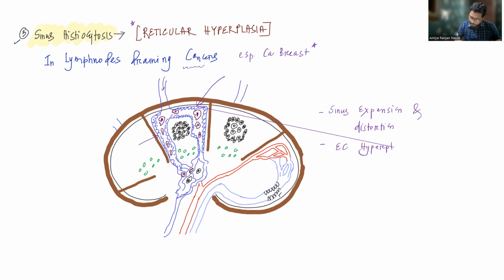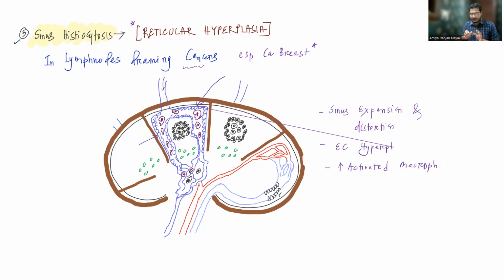Along with that, you are going to find increased activated macrophages. Okay, so these are the macrophages. I have told you histiocytes denote the activated macrophages. So sinus histiocytosis means increased activated macrophages inside the sinuses. Okay, that is the literal meaning of sinus histiocytosis.